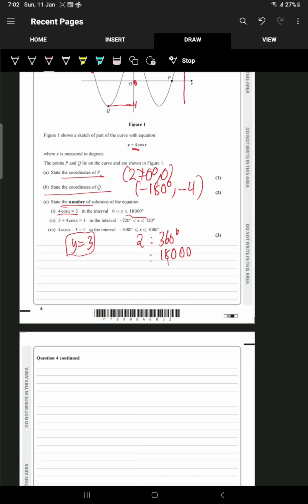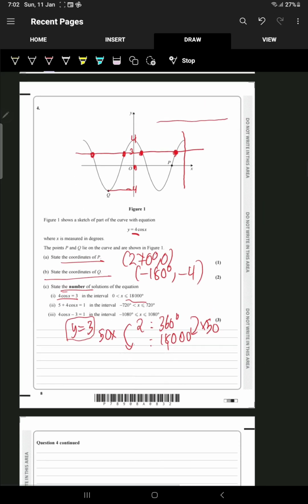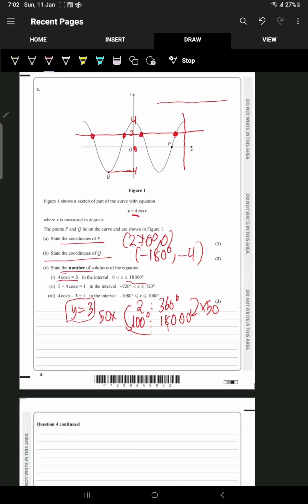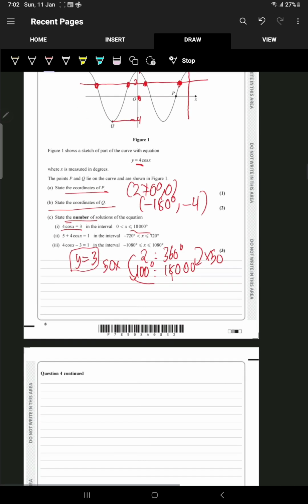So 360 times by 50 gives 18,000. The same we can apply over here: 50 times 2 is basically going to be 100. So there are going to be 100 points of intersection.